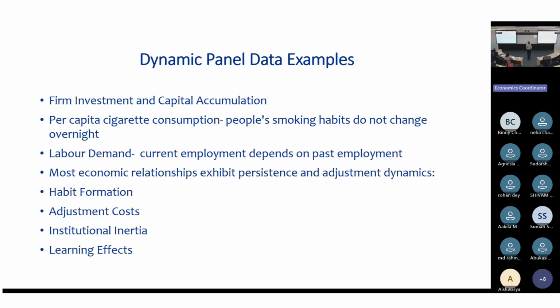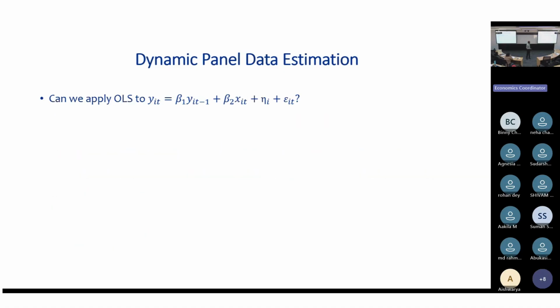The changes are not instantaneous. It is dynamic, and it is driven by the fact that there could be adjustment cost, there could be institutional inertia. Typically, we use the word inertia there. Something from the past is driving today's values. Inertia, the concept derived from physics. So there is an inertia from the past values of y.